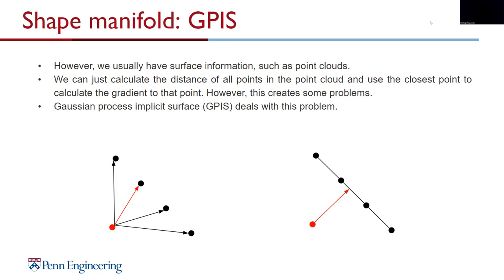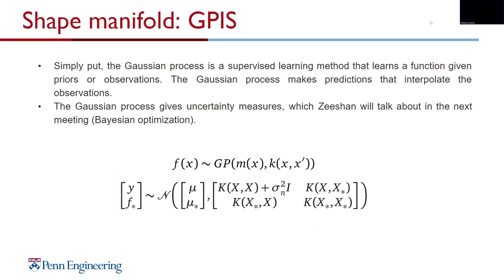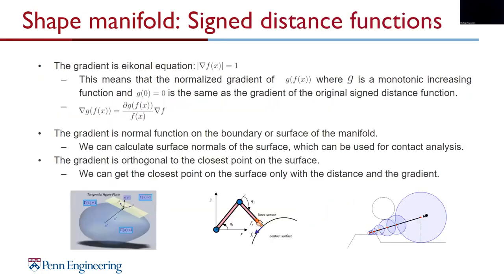You can use deep learning, or a lot of other learning methods. But one way is using a Gaussian process, which is a supervised learning method that learns the function based on the observations, and it is very good at interpolation.